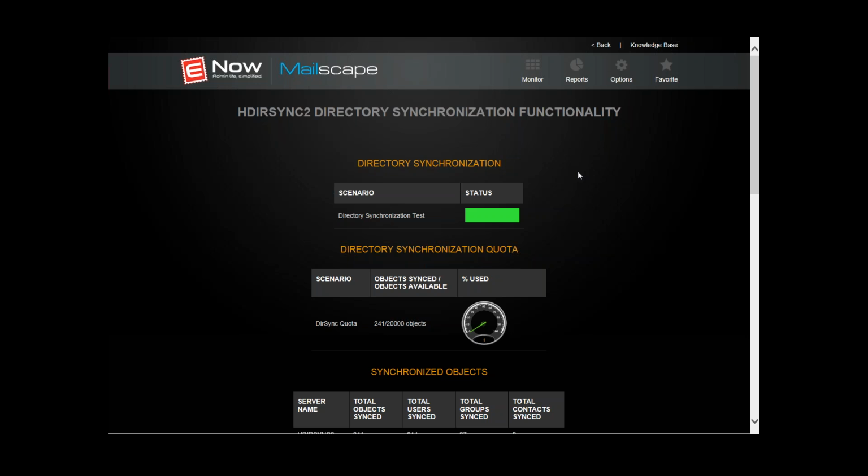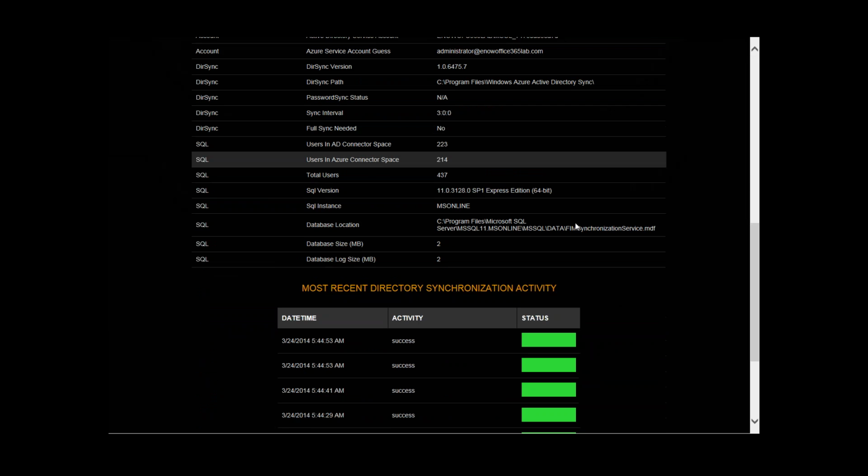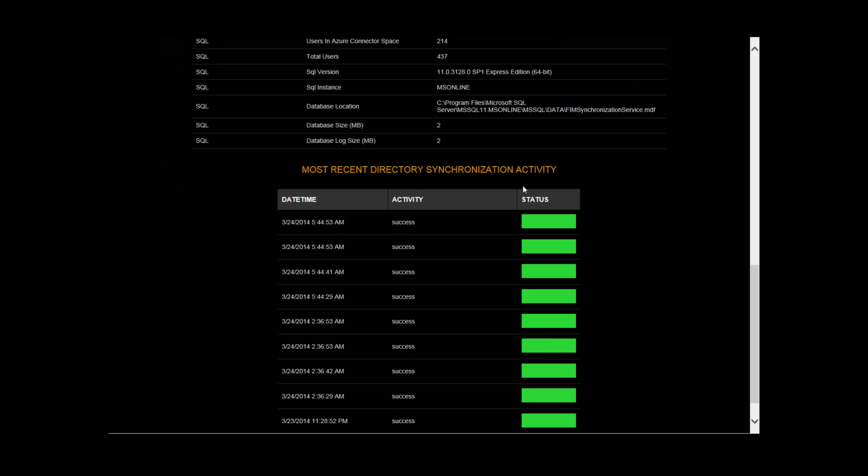So in addition to this synthetic transaction, we also take a look at the synchronization activity, so the run history. We pull the run history from the DIRSync server, and we verify whether or not it was a success, completed with errors, or a failure, and we will take that into account when generating a warning or generating a critical error.